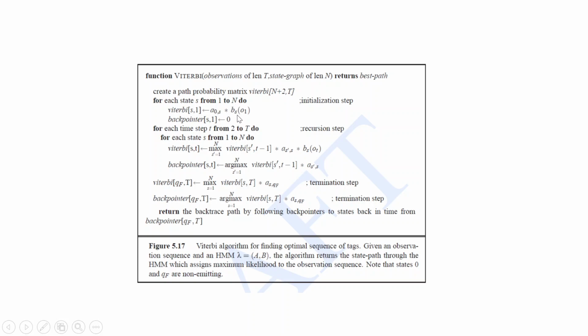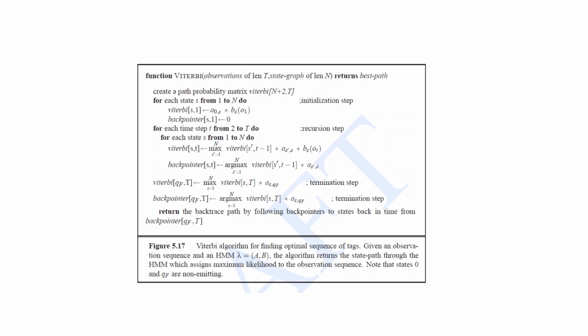So B_S of O1, where O1 is the symbol generated, is the probability of O1 being generated by S. These two are multiplied, and this is what we initially set in the Viterbi matrix for time slot 1 for each of the states.